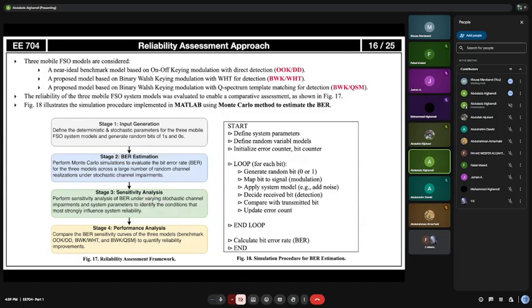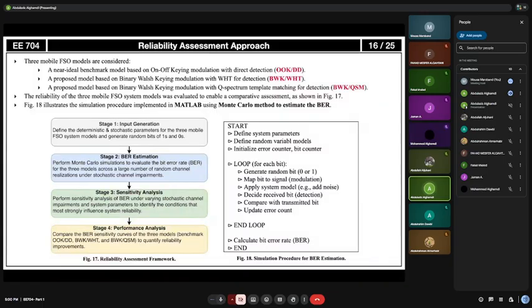We started first with the input generation. We defined the deterministic and stochastic parameters for the 3 mobile FSO system models, and we generated random bits of 1 and 0. Then in stage 2, we estimated the BER using Monte Carlo simulation for the 3 models under different channel realizations. In stage 3, we performed sensitivity analysis of the BER under varying stochastic channel impairments and system parameters to identify the conditions that most strongly influence the system reliability.